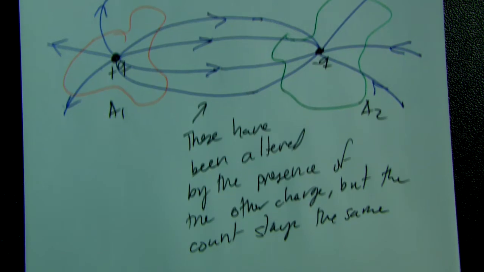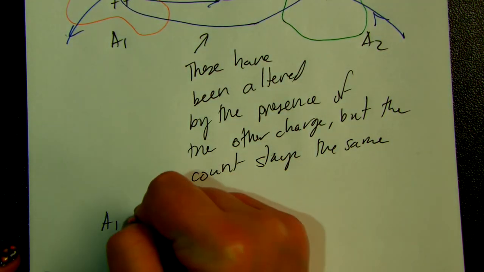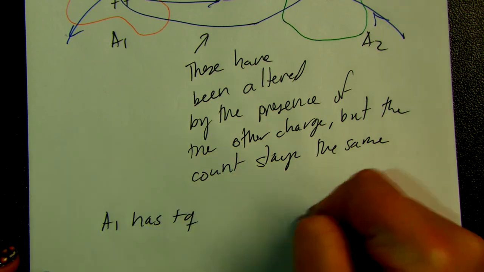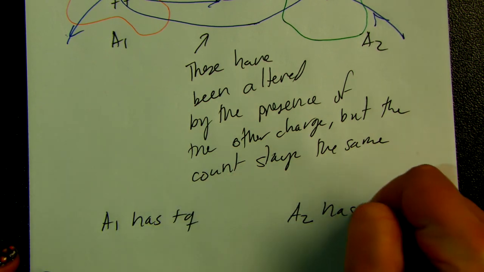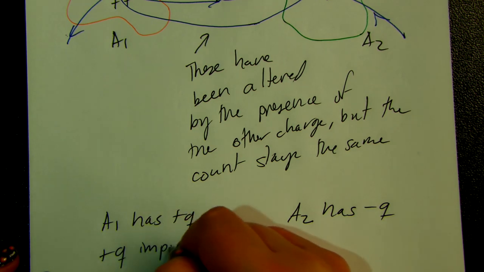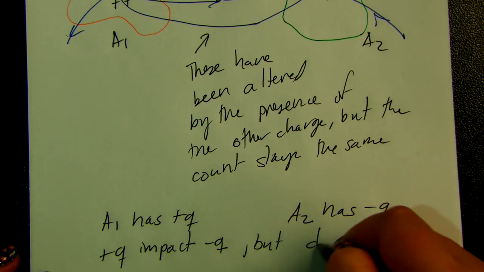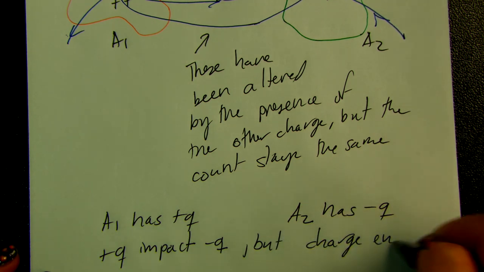let me write a couple notes just kind of quantifying that. I want to make sure you have this down. So we can see A1 has positive Q, A2 has negative Q. Positive Q impacts negative Q, but charge enclosed is the same.